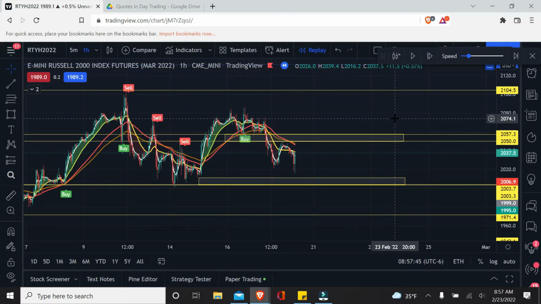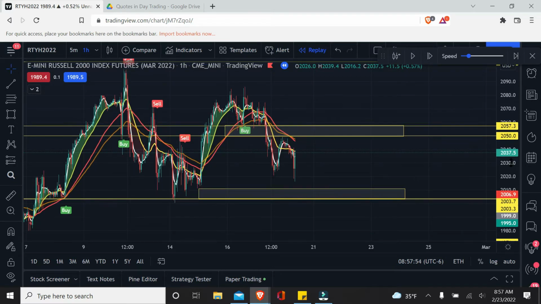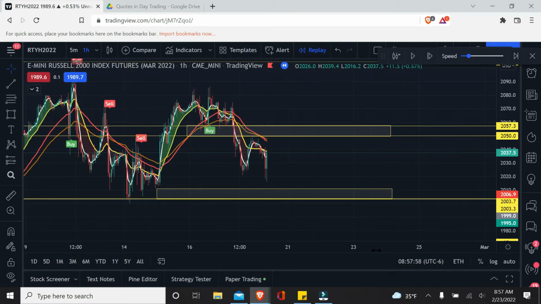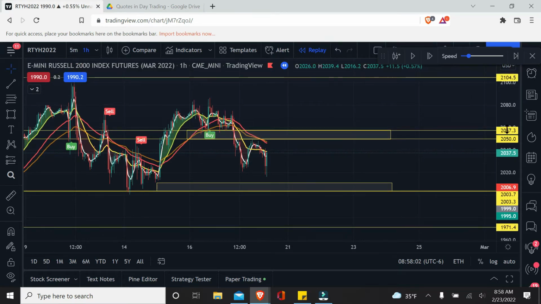So here I am in the TradingView platform. Obviously, when you're trading futures, most people use NinjaTrader, and with Apex Trader Funding, that's what we use, NinjaTrader. But I like to do the analysis part in TradingView.